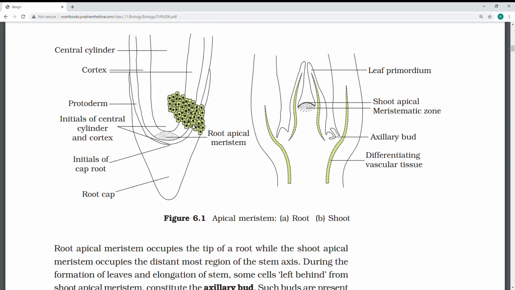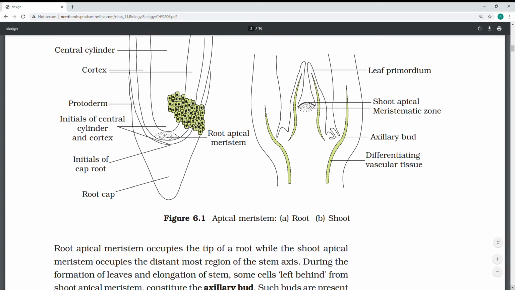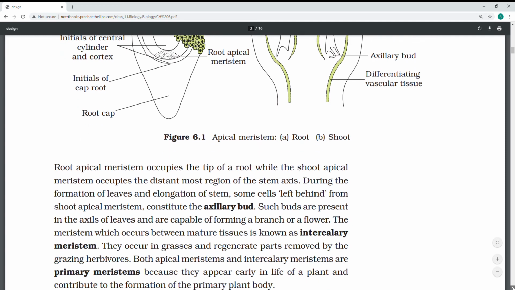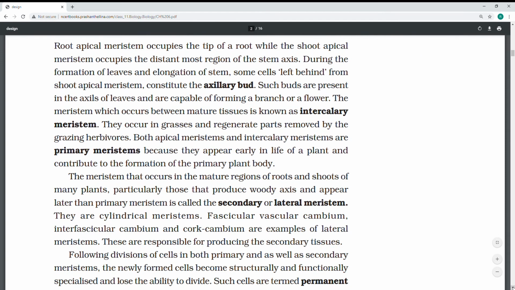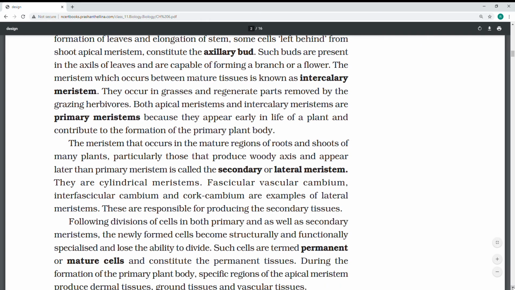These are lateral because they are sidewise. Apical is the tip. Now see the descriptive part: what is intercalary, secondary; these we are going to discuss now.